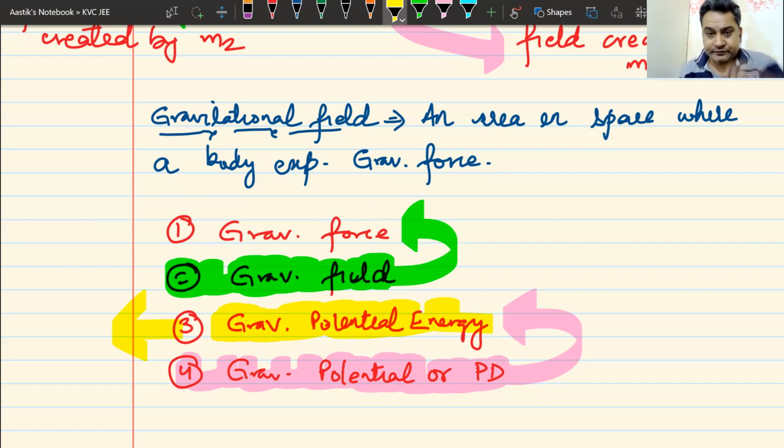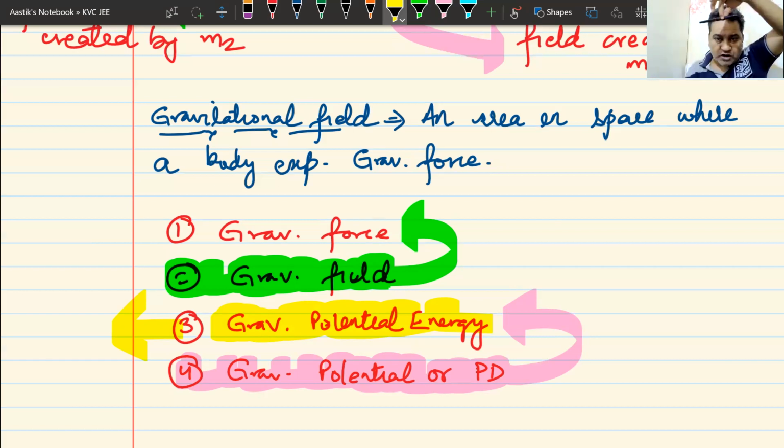Same scenario. This block is here. It can do work. It has gravitational potential energy. Now I remove this block, but the point is still there. This point is inside a gravitational field. If I place this block here, it has gravitational potential energy and can do work.